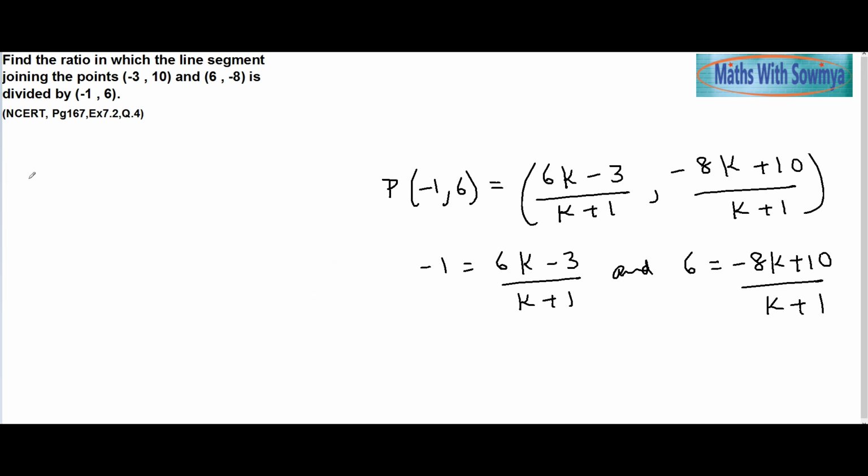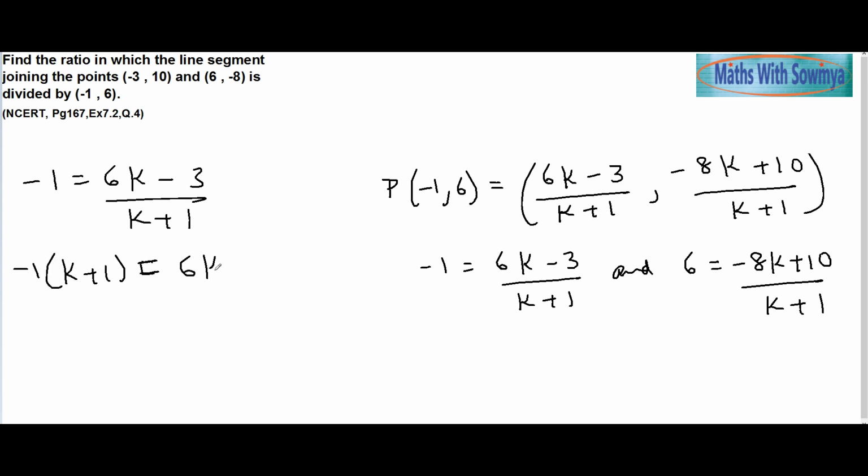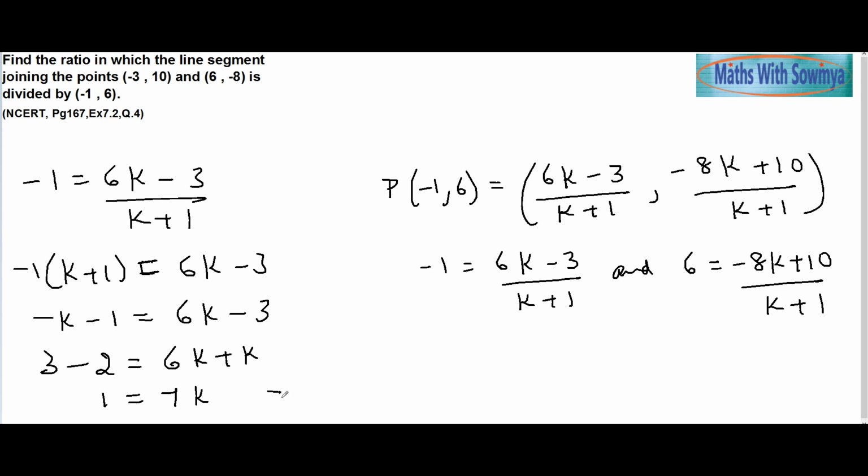Pick the first one, gives you minus 1 is equal to 6K minus 3 by K plus 1. Minus 1 into K plus 1 will give you 6K minus 3, minus K minus 1. Taking K here, 3 here, 3 minus 1, 6K plus K is equal to 7K, which implies K is 2 by 7.